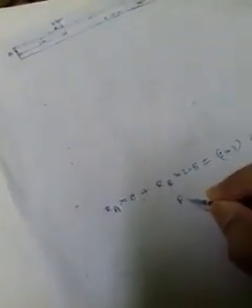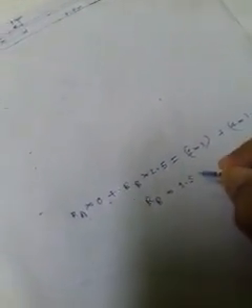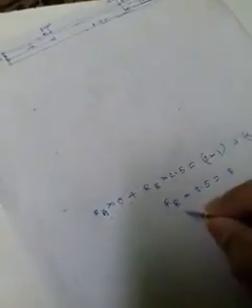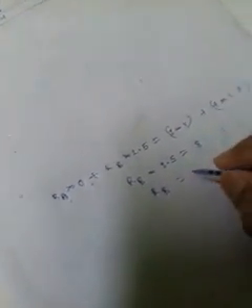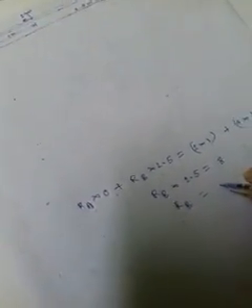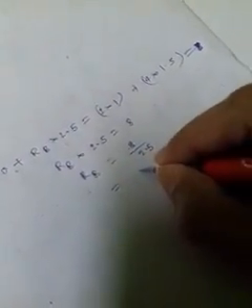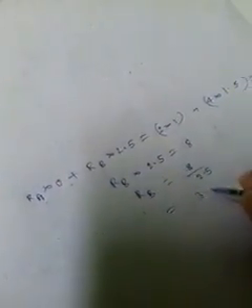equal to 8. Therefore RB into 2.5 equal to 8. RB equal to 8 by 2.5 equal to 3.2 kN.